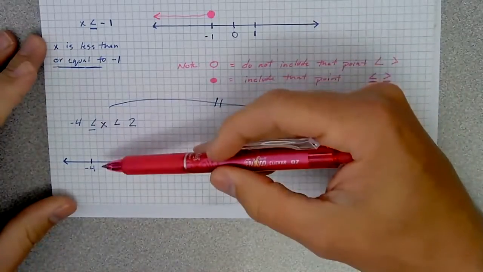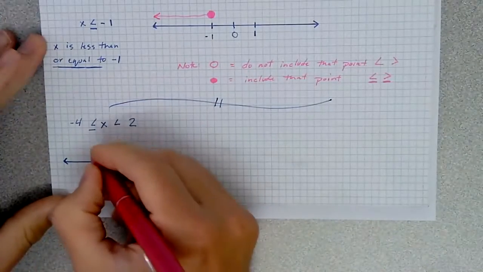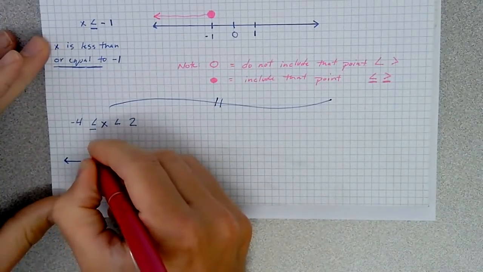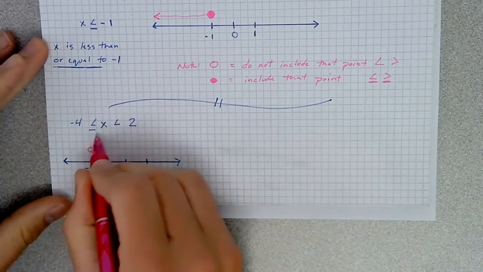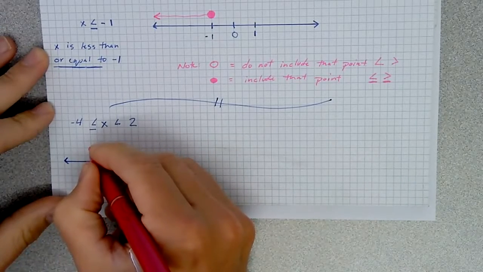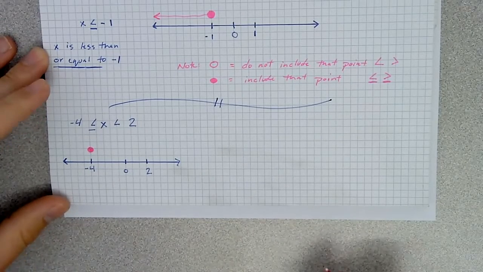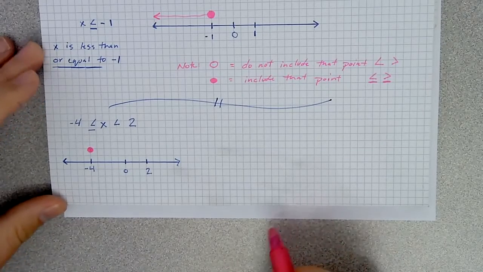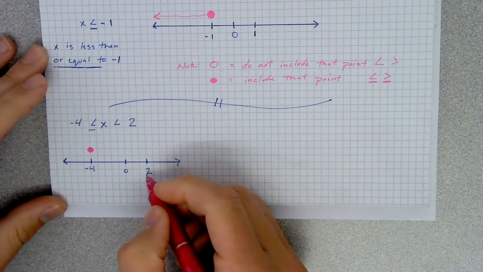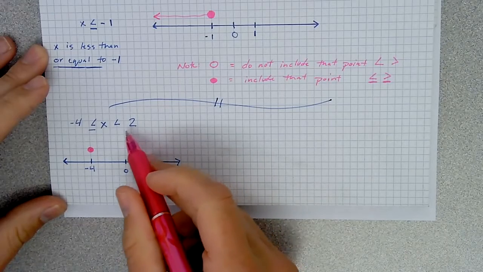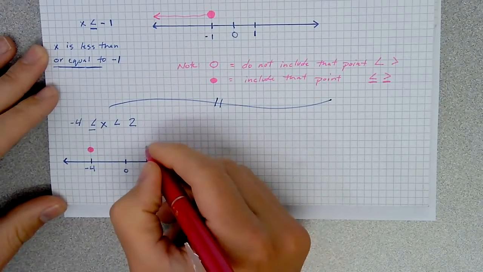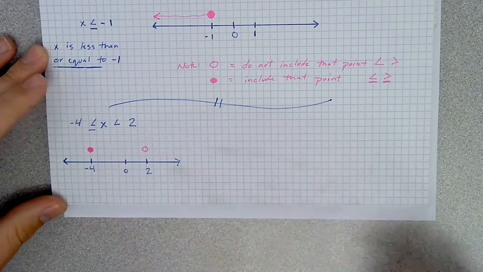All right, so our first boundary point at -4 is going to be an open or a closed circle? It's going to be closed, right? The second boundary point's at 2, open or closed circle? Open.